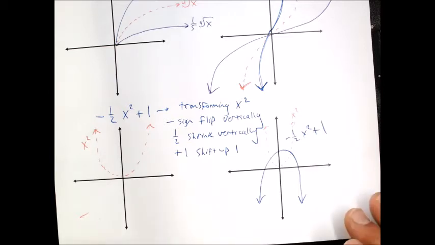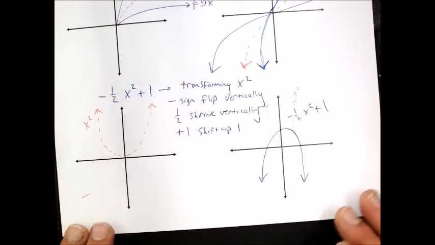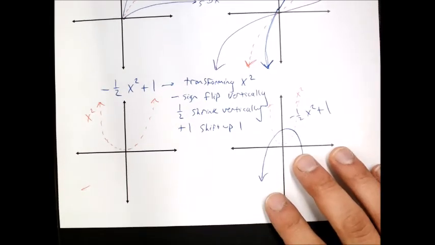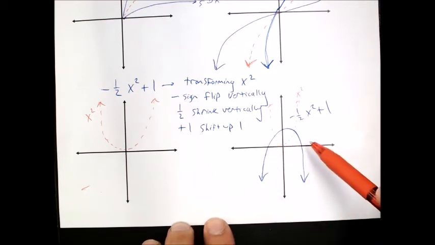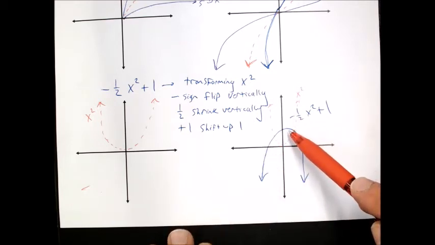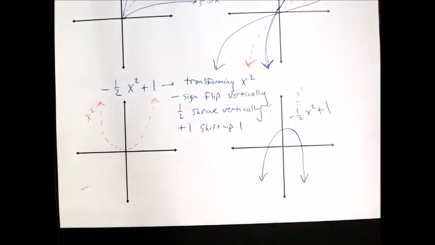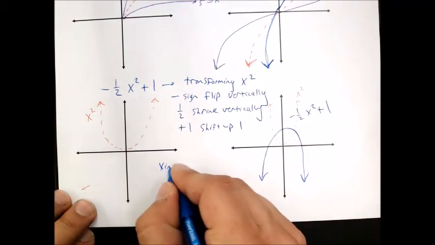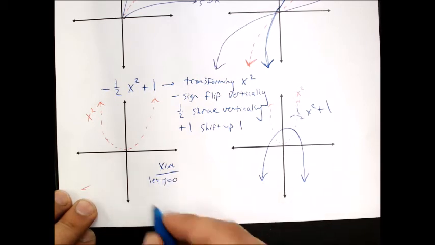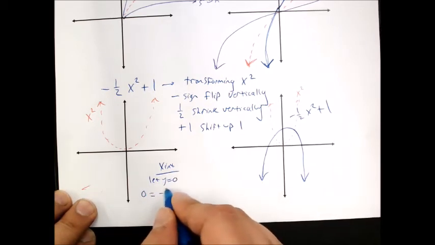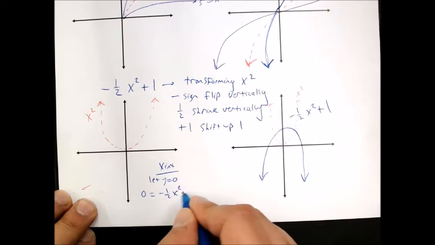Other questions before we write down the intercepts so far? And again, I like drawing it first because now I know I'm looking for 2 x-intercepts, one positive and one negative, and one positive y-intercept, right? And so for the x-intercept, you let y equal 0, and so we get 0 equals minus 1/2 x squared plus 1.